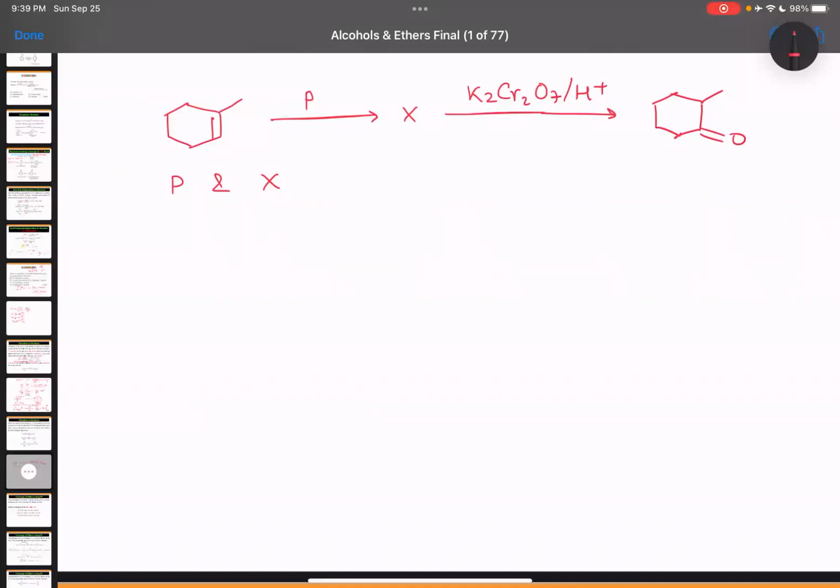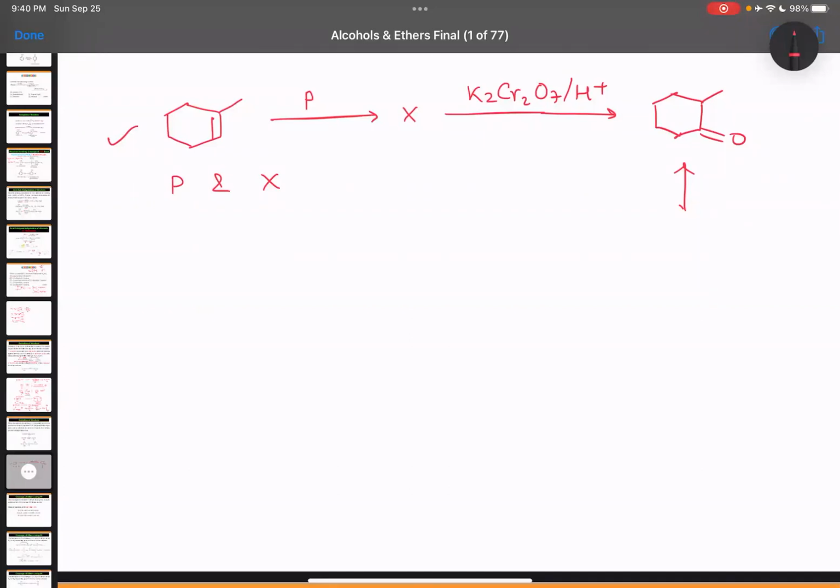Actually, think backward. Very basic question. Think in a way that wherever you want your OH, that mode of addition is what you need, and this is the alkene which you are having. If you want to get that OH, you need to do the Markovnikov or anti-Markovnikov addition.